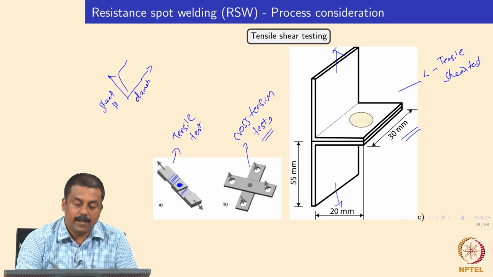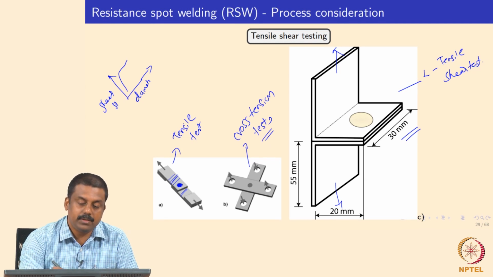the welds. One such modification we use in testing methodology is making cross tension tensile samples. So in this case, instead of a simple tensile sample, we make a weld on two sheets in a cross geometry, as shown in this figure, and then we pull the top plate in tension and the bottom plate in the other direction, this direction.